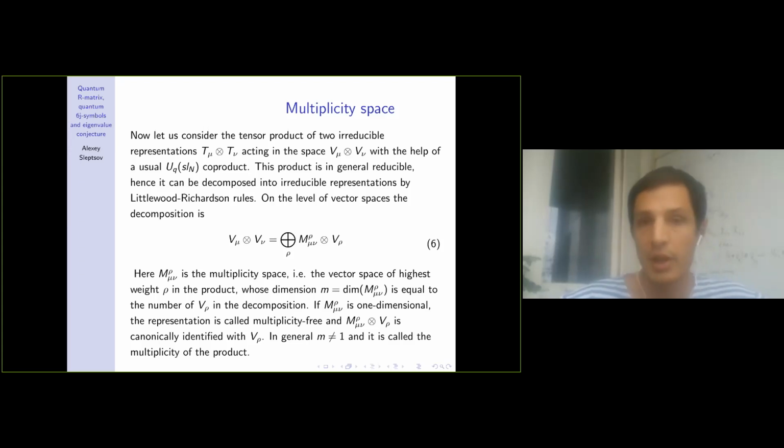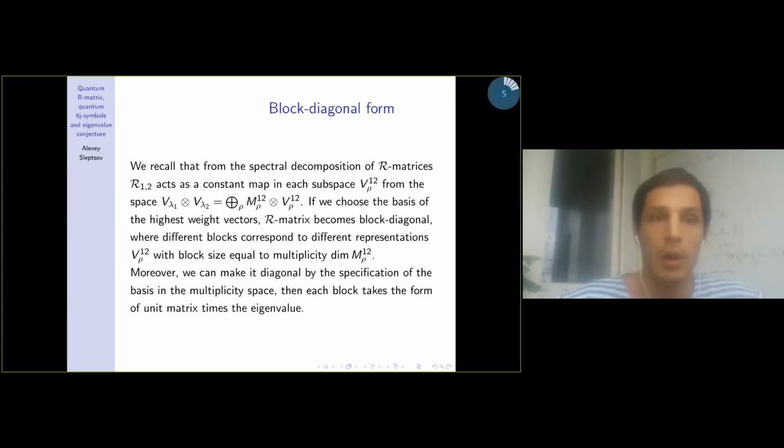Well, now let me recall that from the spectral decomposition of R matrices, R12 acts as a constant map in each subspace V rho from this decomposition. If we choose the basis of highest weight vectors, the R matrix becomes block diagonal, where different blocks correspond to different representations V rho with block size equal to the multiplicity.